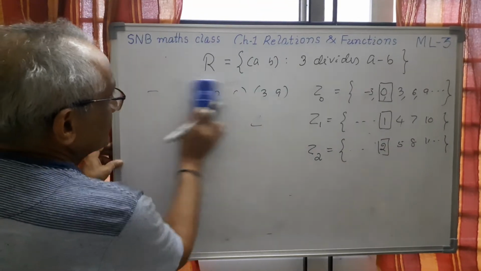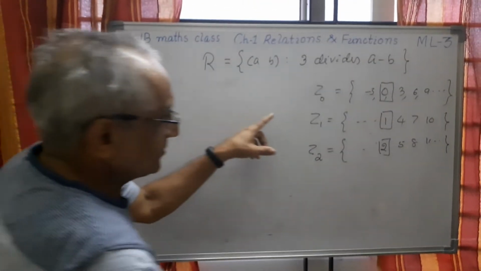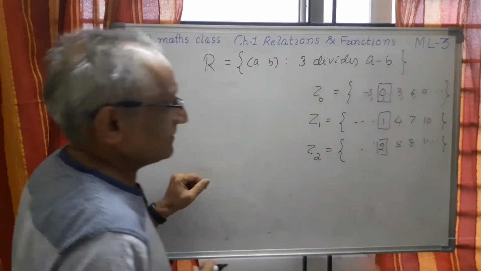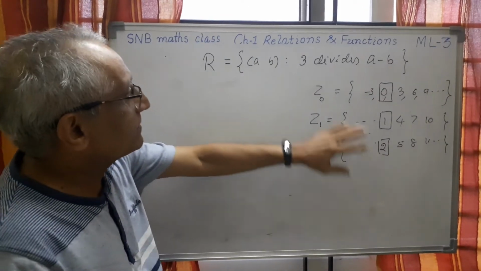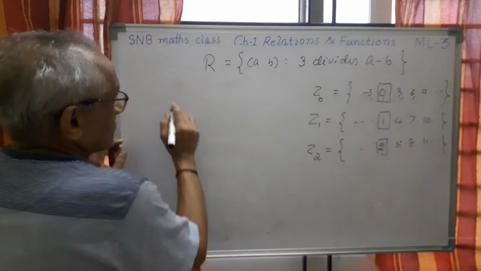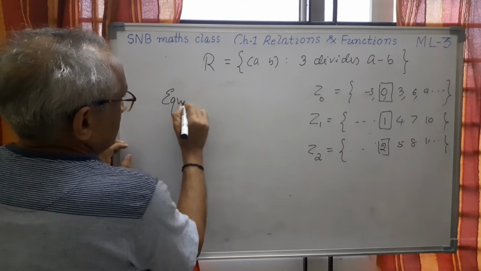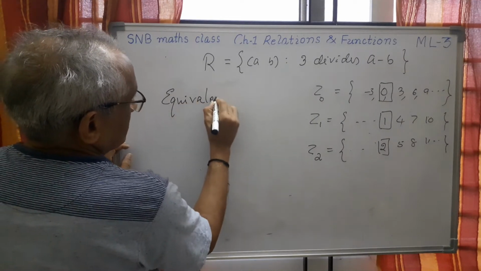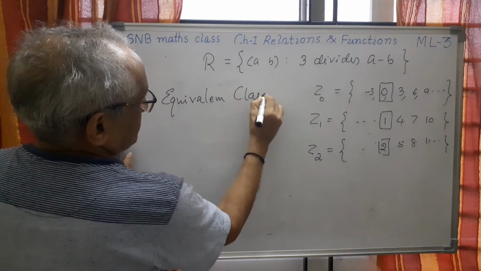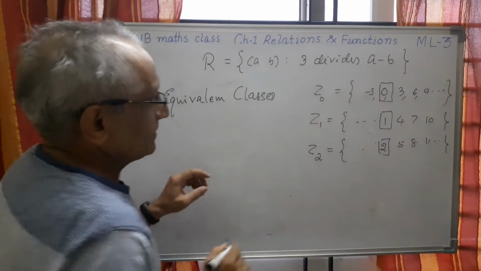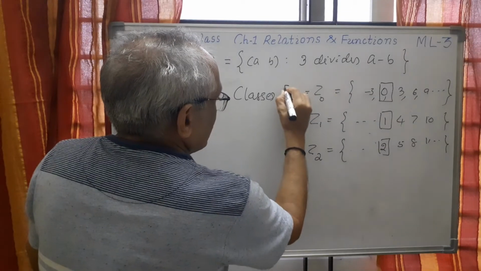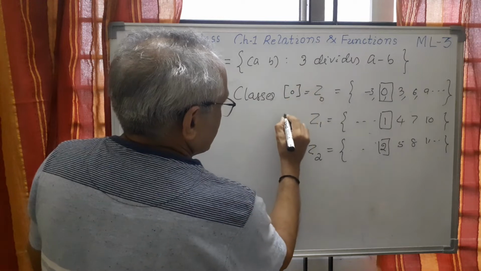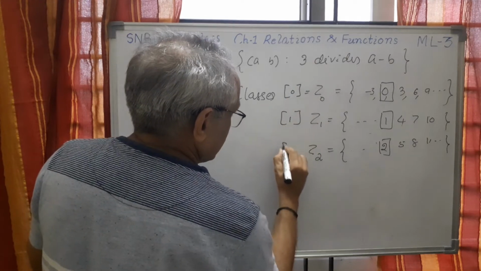So this set Z0, Z1, Z2, etc., which are the result of this relation, they are called equivalence classes of sets. That means they are denoted also by 0, then here 1, then here 2.